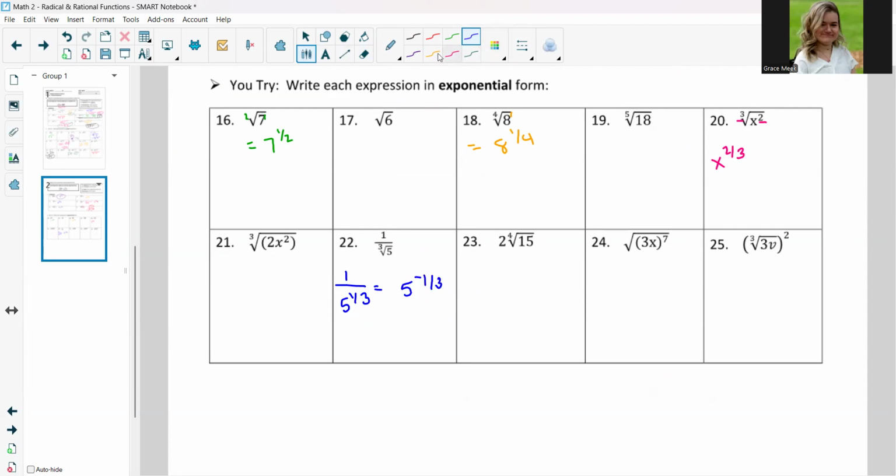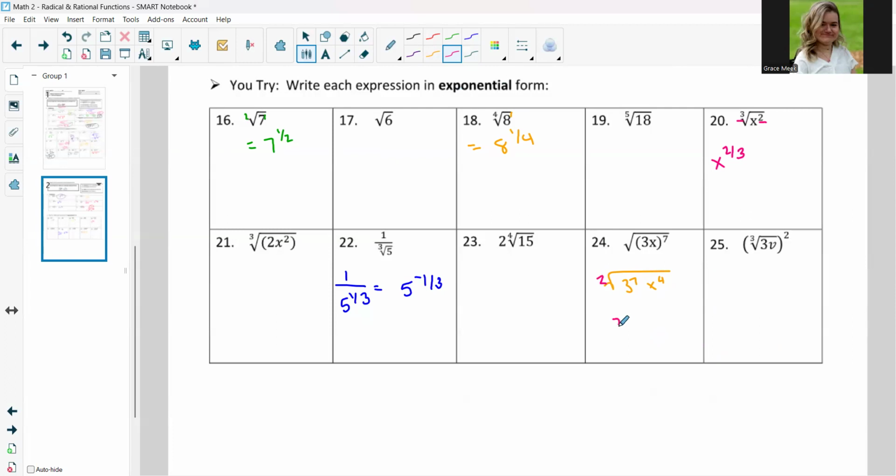And then on number 24, again, this whole thing is being rooted. There's a couple different ways that you can do it. I'm going to go ahead and apply that 7 to the 3 and to the x. So we'll have the square root of 3 to the 7th, x to the 7th. And then I can apply the rational exponent rule. And then remember, this is assumed to be 2.